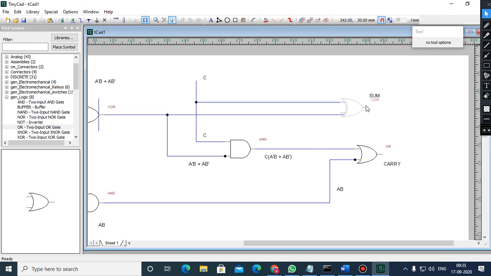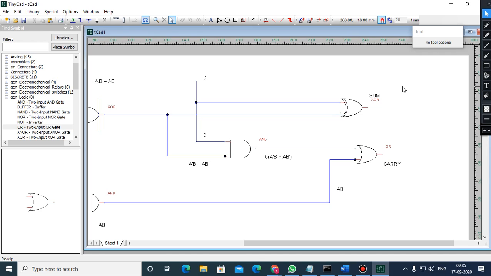Further, if you pass this XOR along with another fourth bit, the sum of 4 bits will get calculated. So there is no issue with the sum. The problem is with the carry part. So you have to prove that.